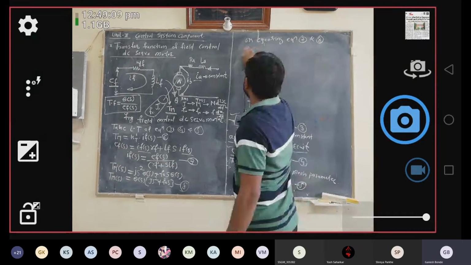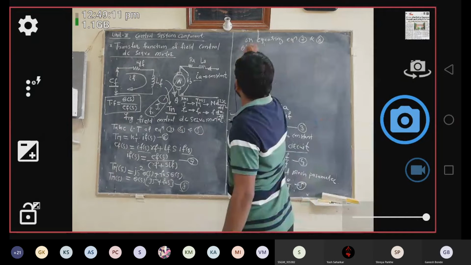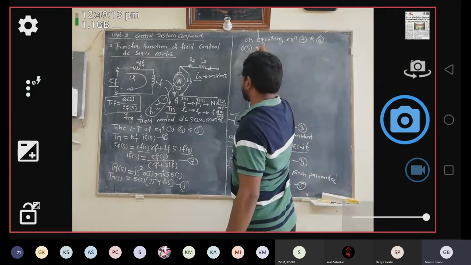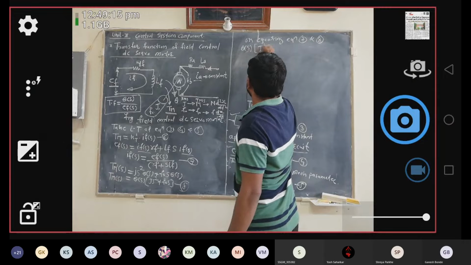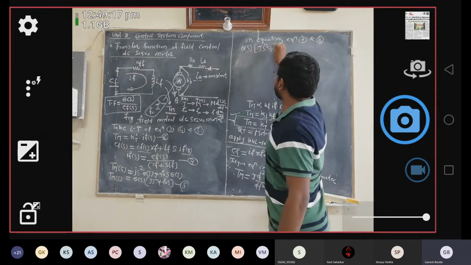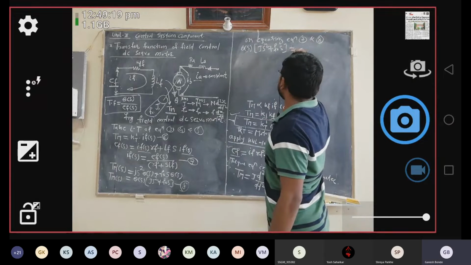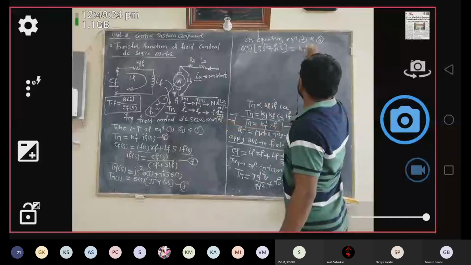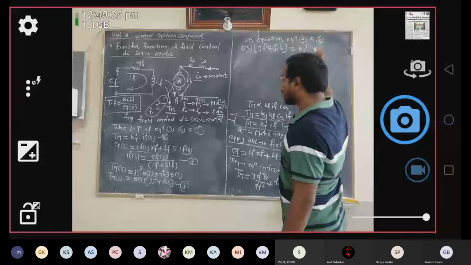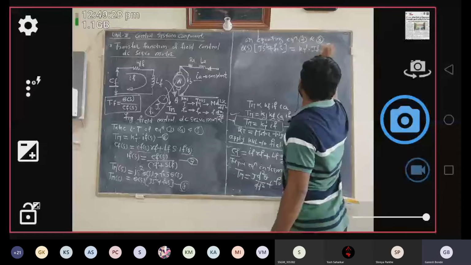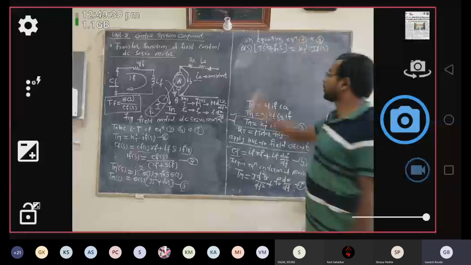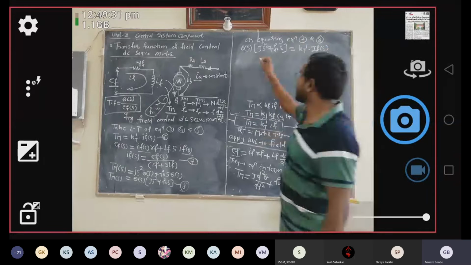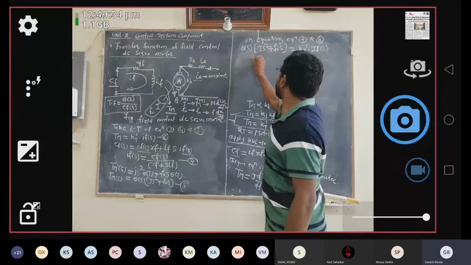Theta of s into J s square plus f0 s equal to Kt dash into I f of s. Again obtain the expression for I f of s.